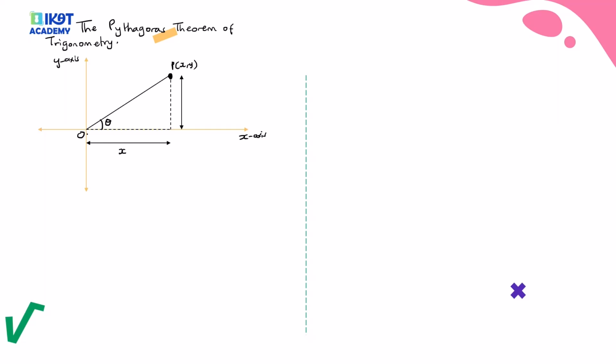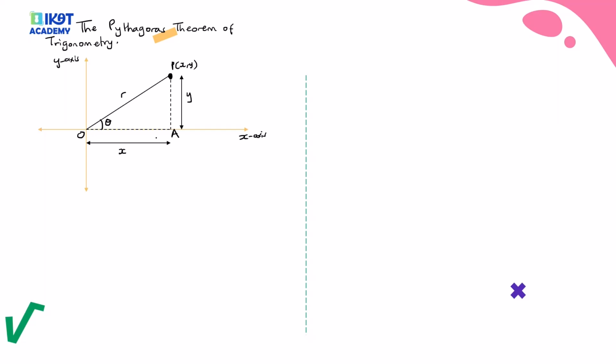In the x-axis the distance is x, since the point is xy, and this distance is y. Now we can call the hypotenuse r. Let's also label this point such that we have a triangle POA.